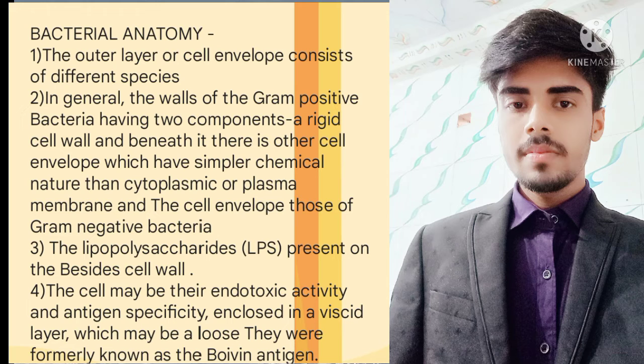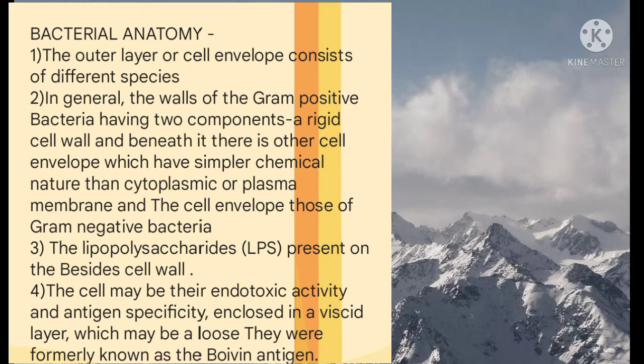The envelope of Gram-negative bacteria has lipopolysaccharide on the outside of the cell wall, which carries endotoxic activity and antigen specificity, and the cell may be enclosed in a viscid layer, which may be a loose sheath.